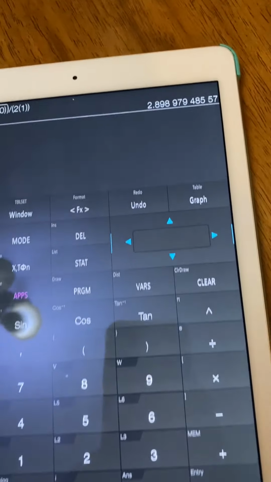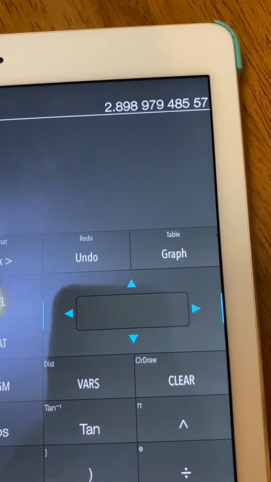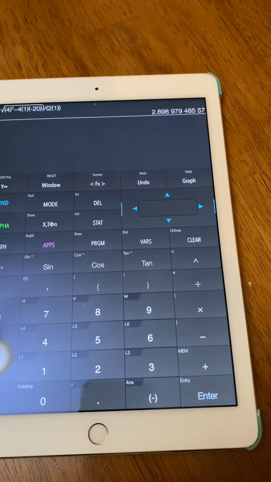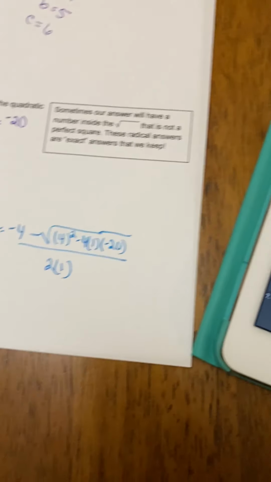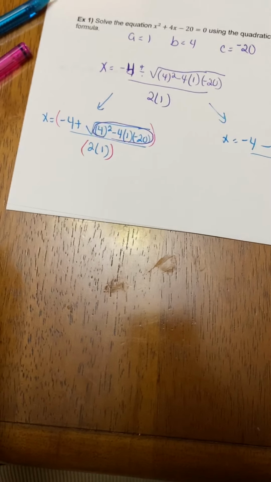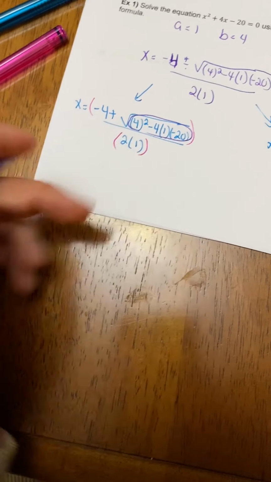if you notice, it gives us a really long, ridiculous decimal. We don't really want that, okay? So what we're going to end up doing is we're going to just end up typing in this portion of the, not including the square root, we're just going to type in what we get there.